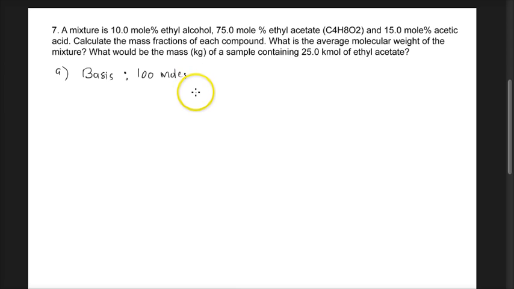So there's 100 moles of mixture, and from this 100 moles, there will be 10 moles of ethyl alcohol, and then 75 moles of ethyl acetate, and then the last one is 15 moles of acetic acid.